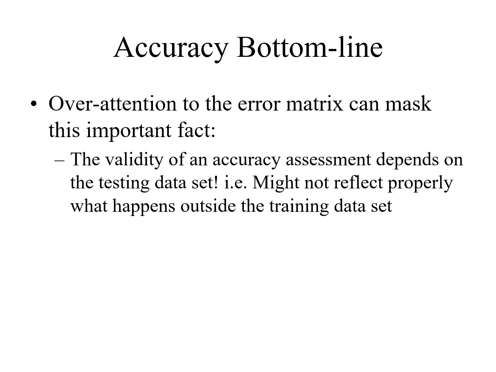And that is that one of them is that the validity of the accuracy assessment depends on the testing data set. So it might not reflect properly what happens outside the bounds of the training data set. So if you have a bad sampling design, okay, you're going to get a bad accuracy assessment.